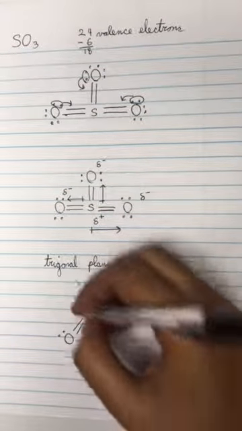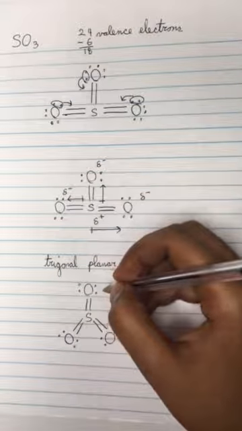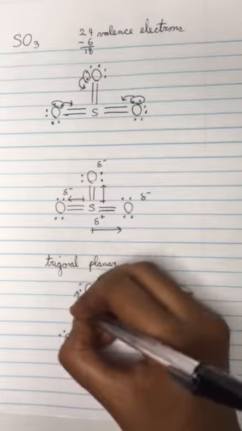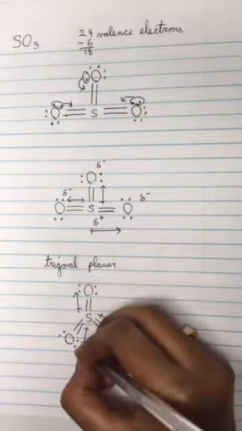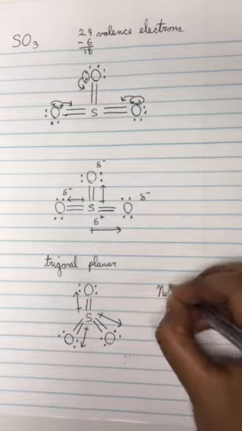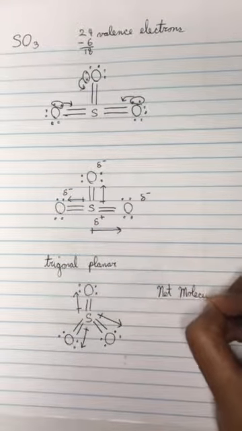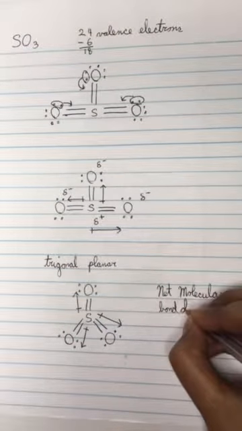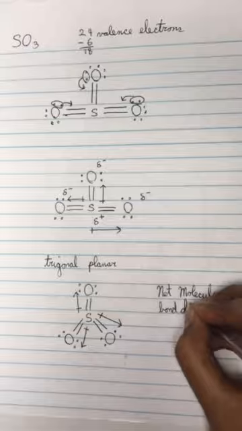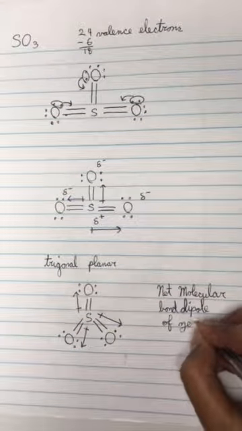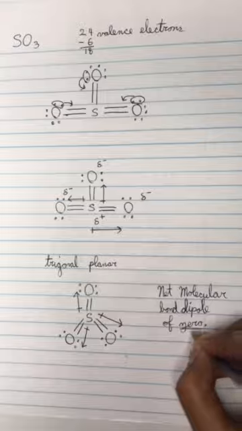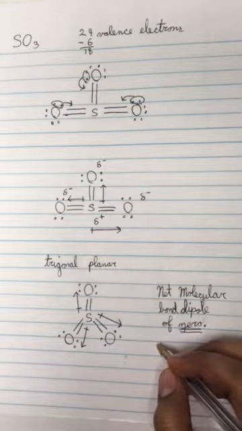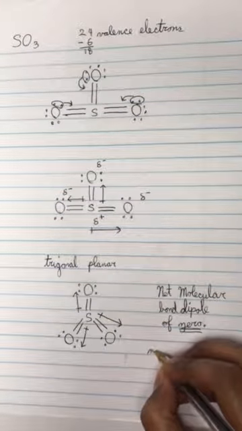Therefore, since all 3 are equal bond dipoles, they cancel out, resulting in a net molecular bond dipole of 0. Since the net molecular bond dipole is 0, this molecule, SO3, is nonpolar.